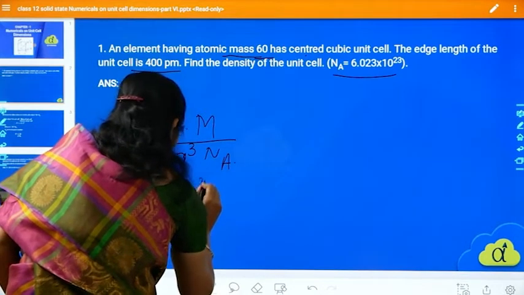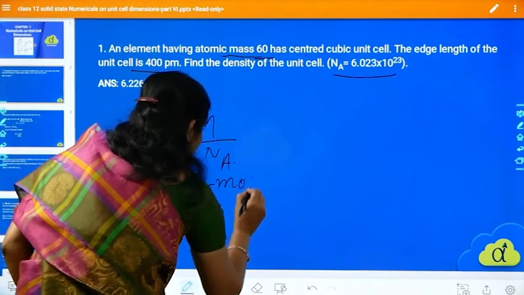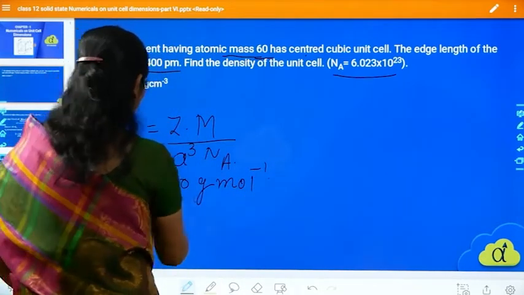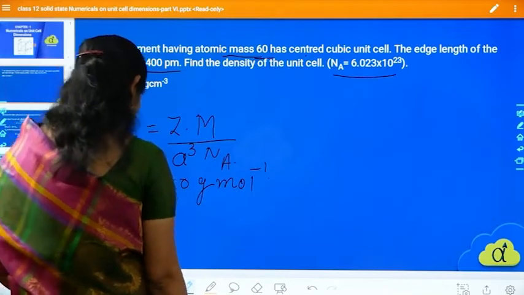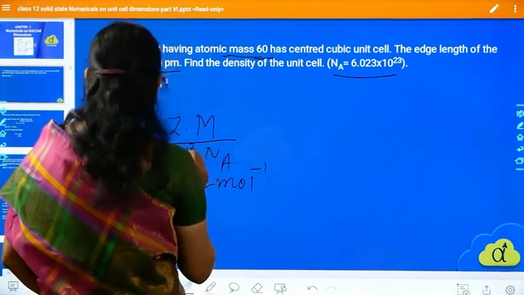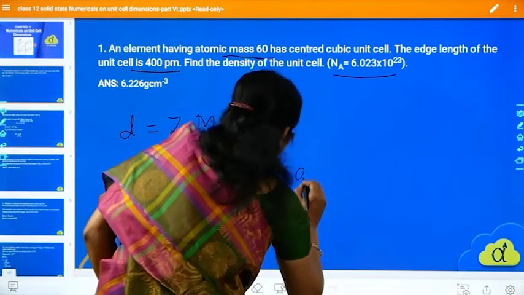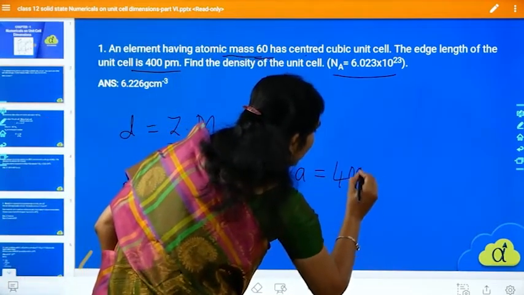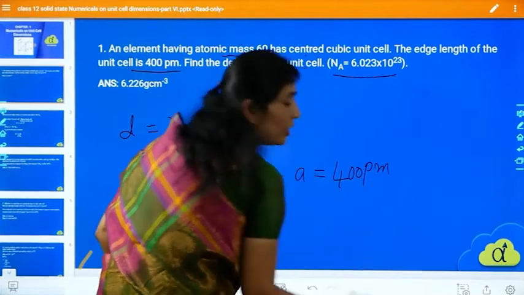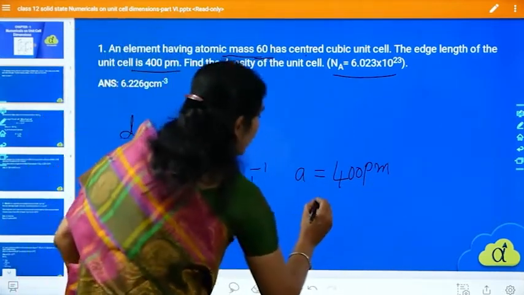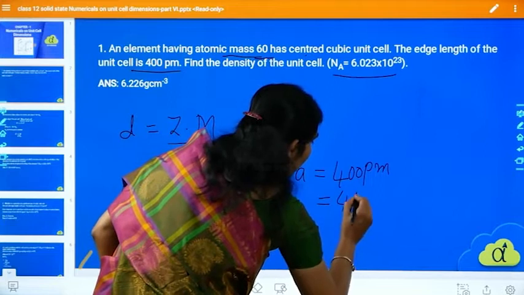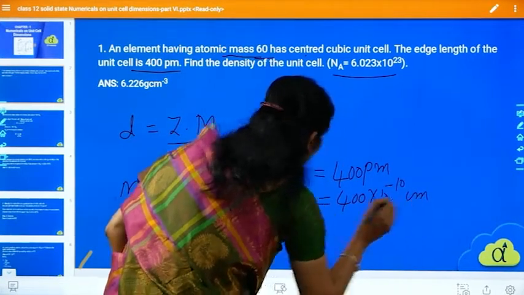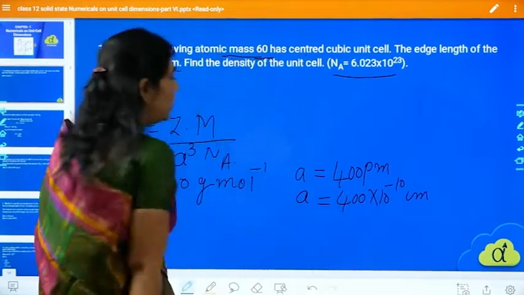M is 60 grams per mole. So first I am writing the data. And then the A value is given. A is equal to 400 picometer. You have to convert this: 400 picometer means 400 into 10 power minus 10 centimeter. You have to convert from picometer to centimeter.